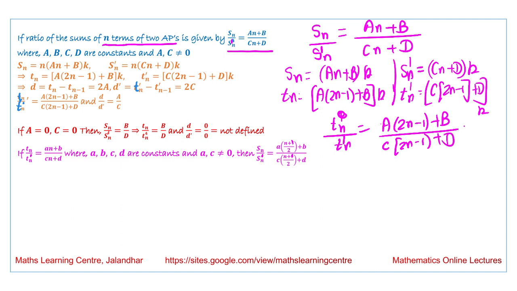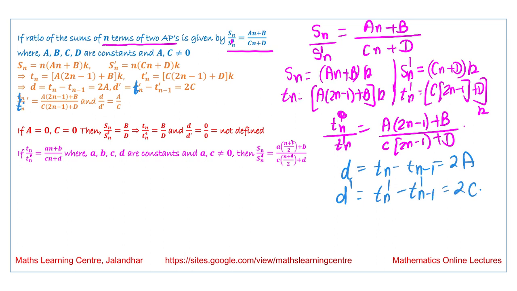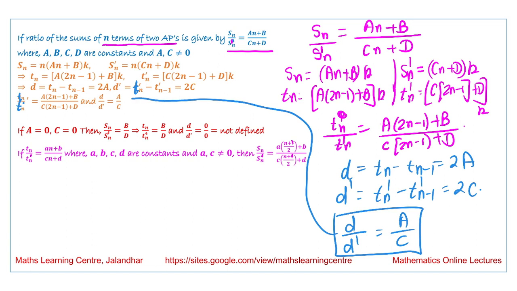And if we have to calculate the ratio of their common differences, we know that the common difference d is Tn minus T(n minus 1), which is equal to 2a, and the common difference d dash is Tn dash minus T(n minus 1) dash, which is equal to 2c. So the ratio d over d dash will be a over c. So these are the answers we obtain in this case.